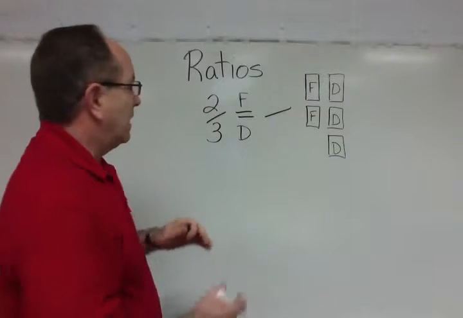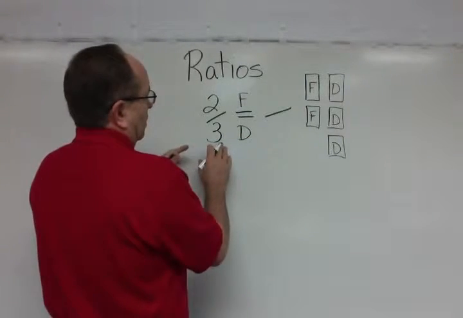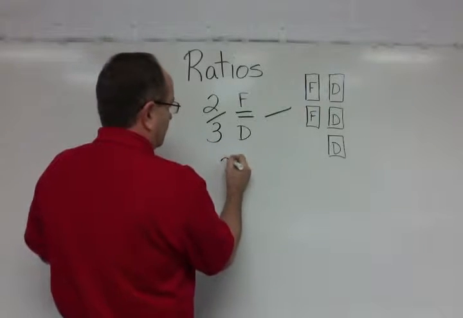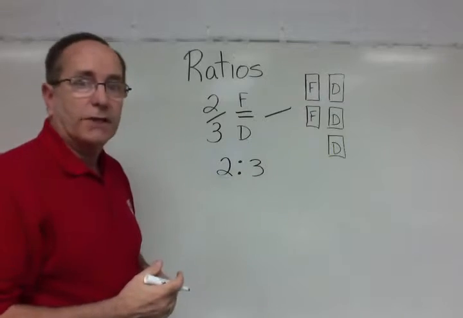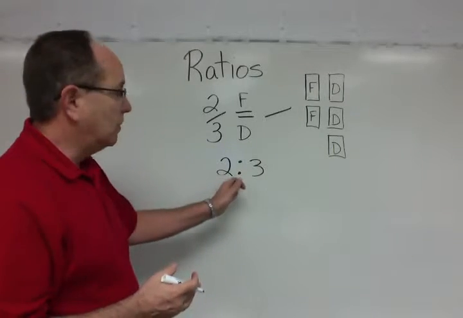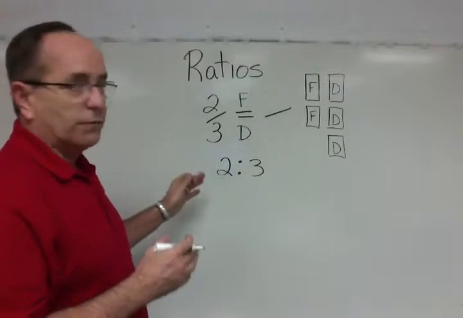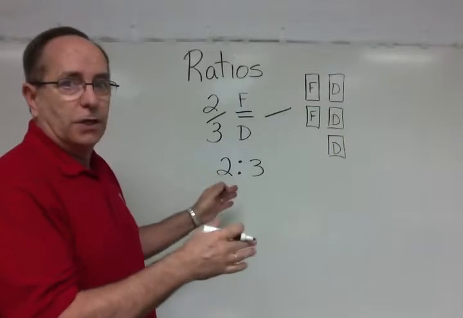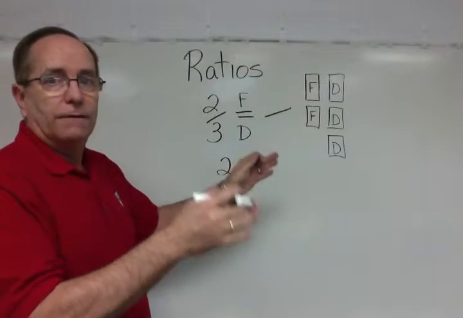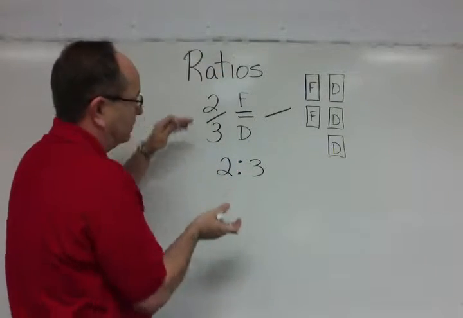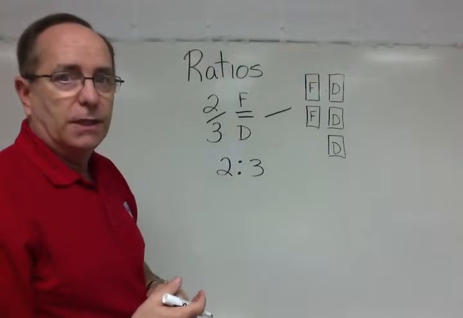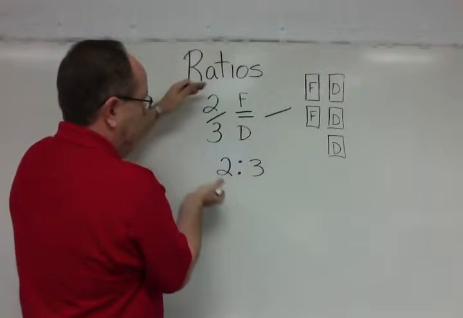Then I can say this as 2 to 3. A lot of times you see ratios with a colon between them. So this is a ratio of two face up cards to three face down. And I can convert that into a fraction, just going from horizontal to vertical.